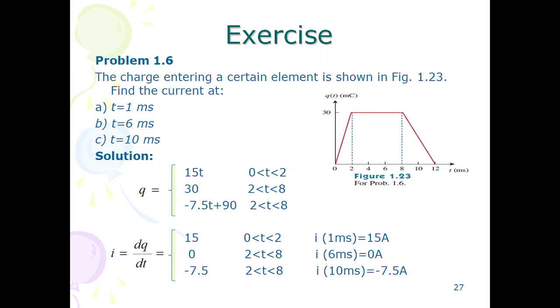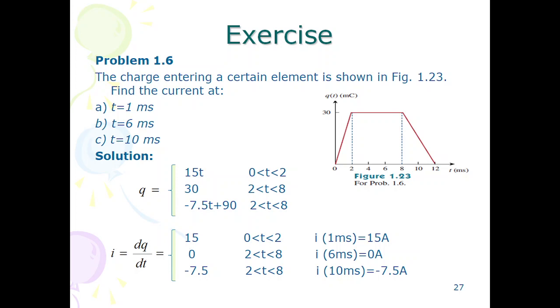Then the wave shape declines, its slope decreases. Then we have to find out the equation, and the answer is minus 7.5t plus 90.